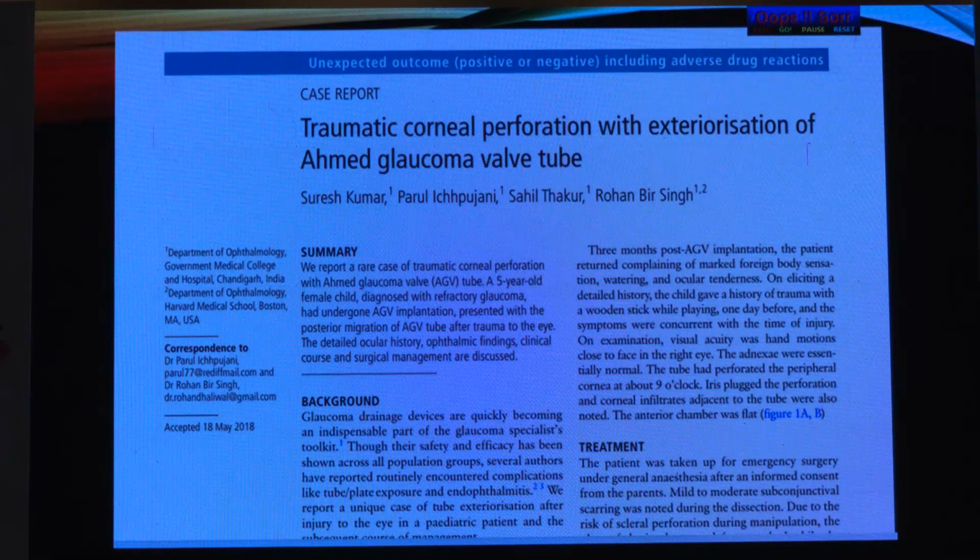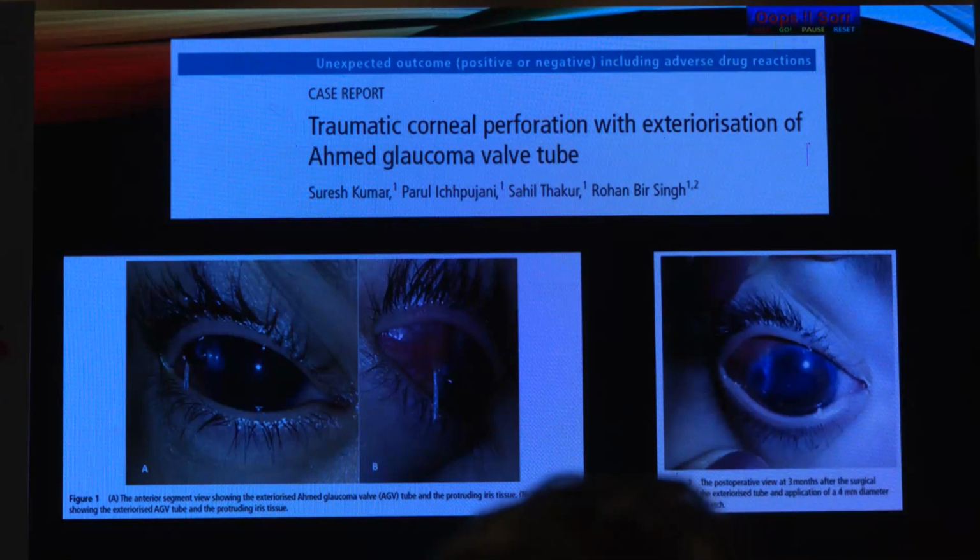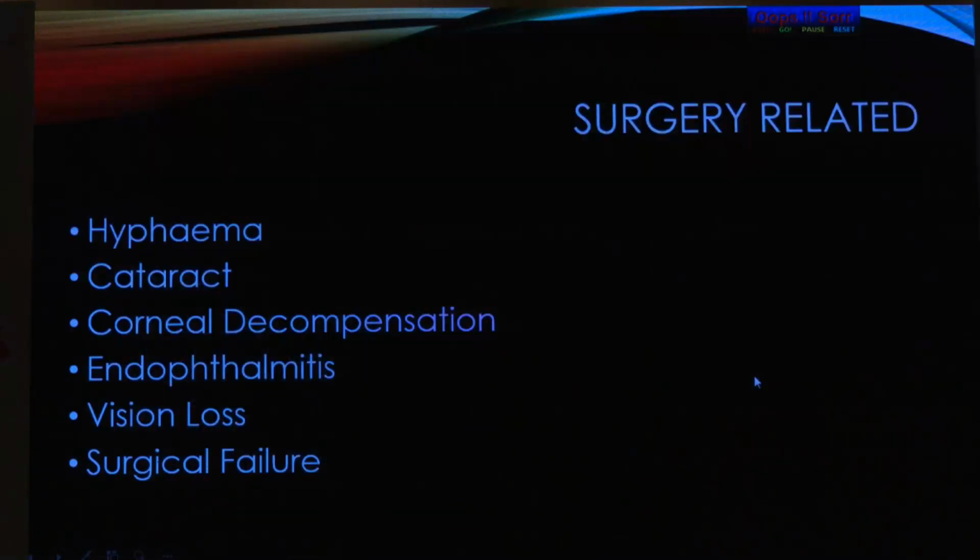One of our patients is a child who underwent AGV and had trauma, never informed the parents, and came with this picture. The tube had been extruded and there was a patch of corneoscleral necrosis with iris prolapse. A 3 millimeter corneoscleral patch graft was done, the tube was cut, and the child did well after the surgery.